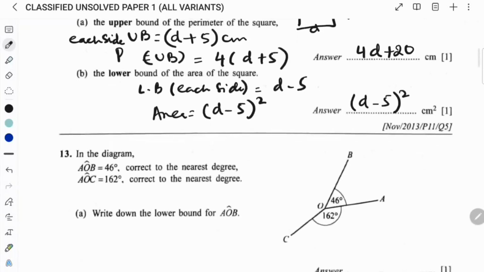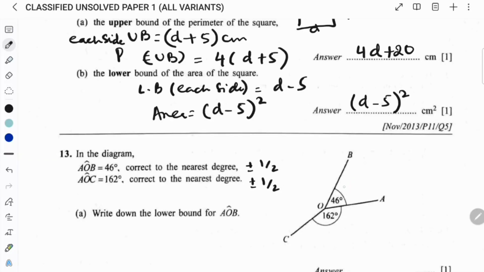In question number 13, in the diagram, AOB is 46, to the nearest degree, which means plus minus 1 upon 2, which is 0.5. Write down the lower bound of AOB. AOB is here 46.